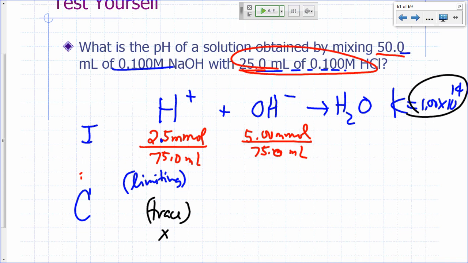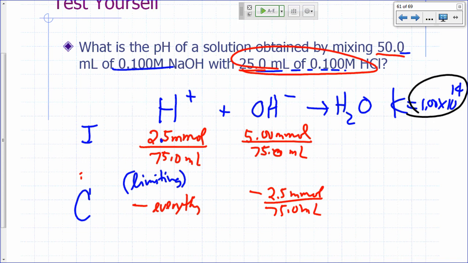You're going to pretty much lose everything here. You're going to lose 2.5 millimoles over 75 mL. In other words, the amount you lose would be minus 2.5 millimoles over 75 mL for HCl, for H+.